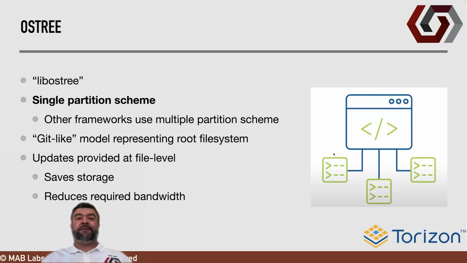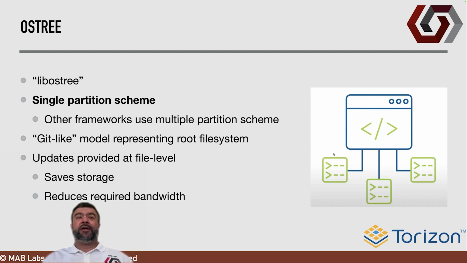But OSTree is effectively, if you've used source control, if you've used Git in the past, OSTree is really similar to having a Git-like model representing your root file system. The advantage of that model is that you can have updates provided at a file level, so you don't have to update an entire partition and consume a ton of storage on your flash device.